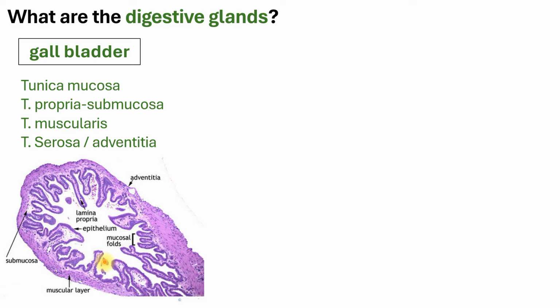So you have to really view the slides in order to differentiate the gallbladder from, let's say, the small intestine. But I would say it's usually not the small intestine because there are not many goblet cells in the lining epithelium. And then the muscularis layer does not have the inner circular nor the outer longitudinal layers.